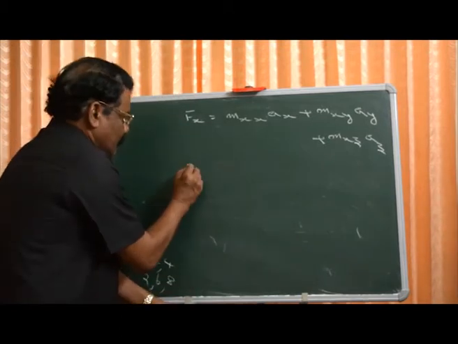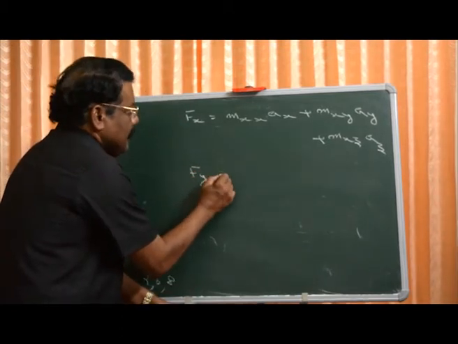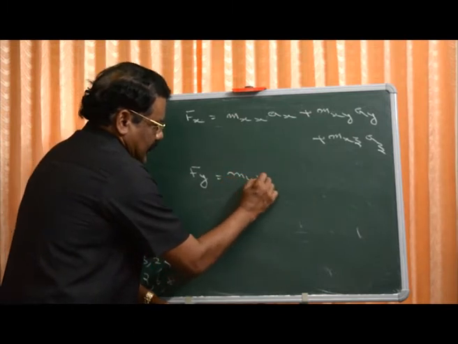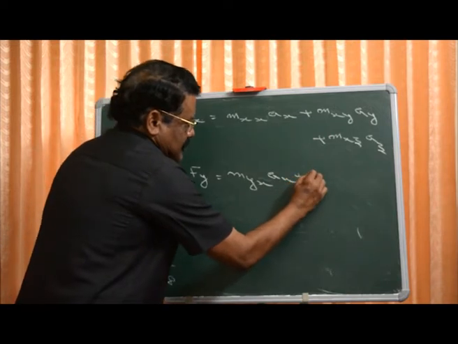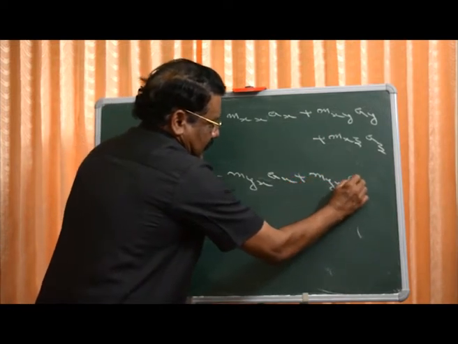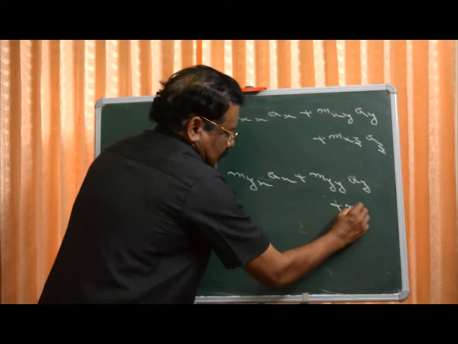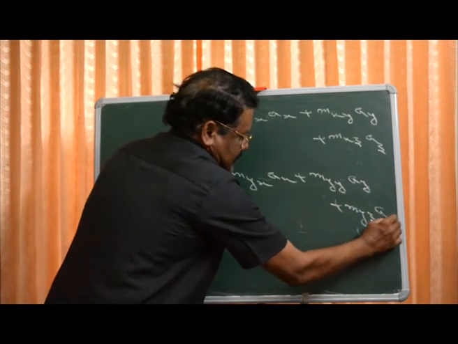That is, Fy is equal to myx ax plus myy ay plus myz az.